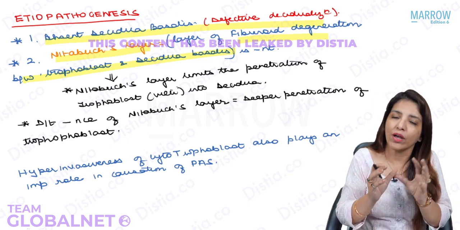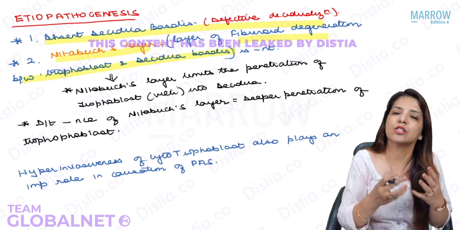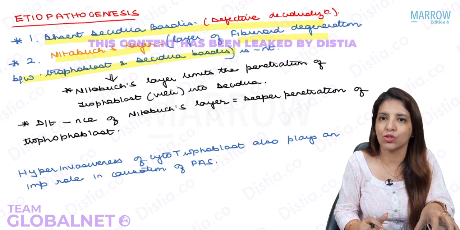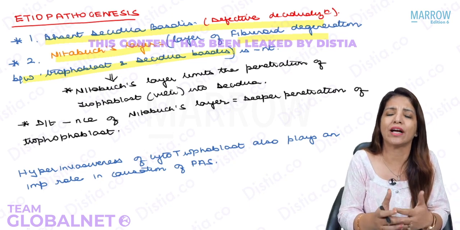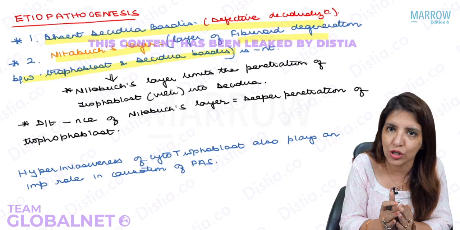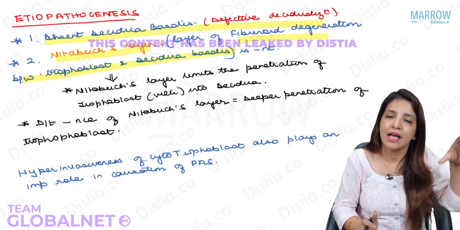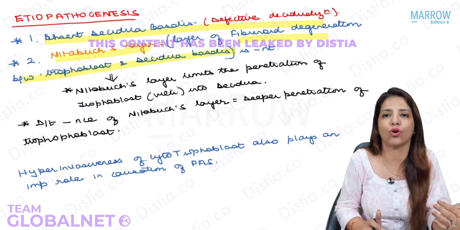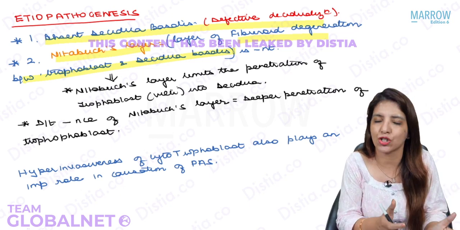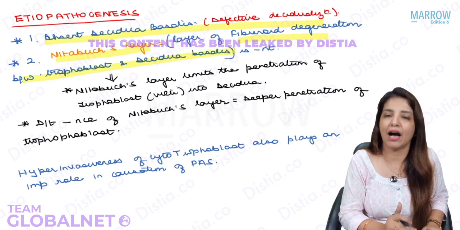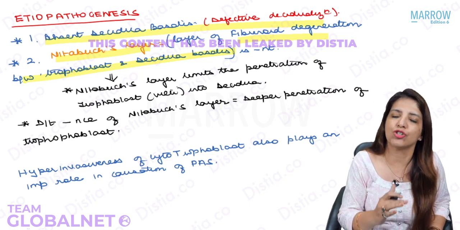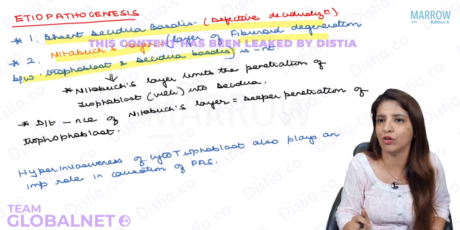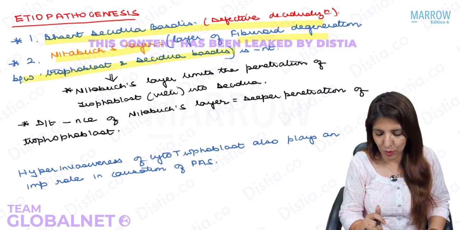Now, if the Nitabuch layer is absent, the blastocyst which was penetrating inside the decidua doesn't know where it has to stop penetrating. In this case, the blastocyst goes deeper and deeper, and that is why the chorionic villi are now not attached to the decidua basalis, but are attached either to the myometrium or to the serosa, or they can infiltrate further and reach the level of the urinary bladder as well.